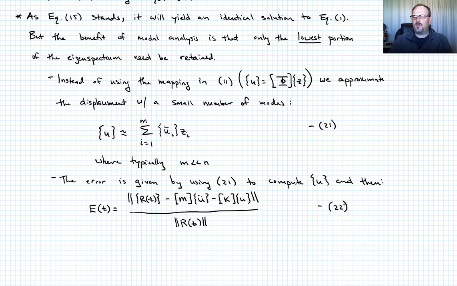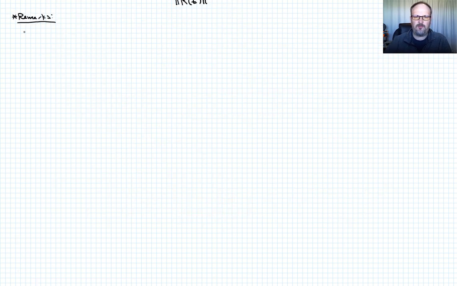Let me give you a few concluding remarks about this method. Okay, remark number 1. Whatever reduced mode set that you choose, you're basically going to pick a maximum frequency that you care about. That reduced mode set must contain, without any omission, all the modes up to the chosen frequency.